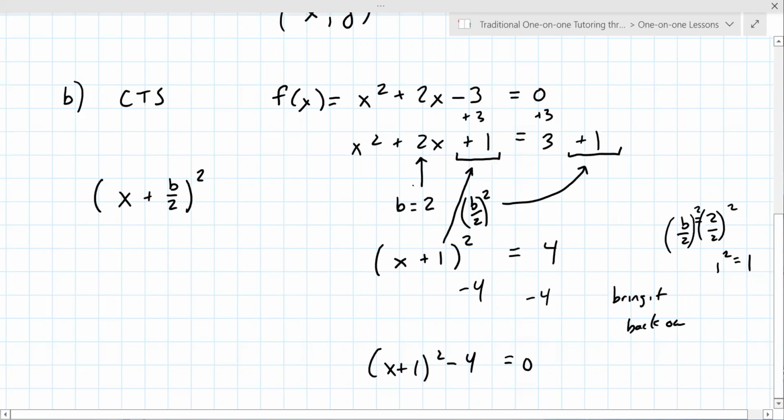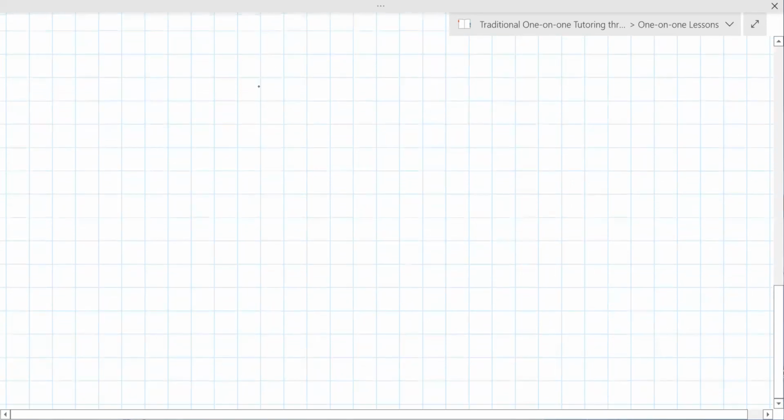So let's do at least one more completing the square so that you can see the process again. Let's say it's x squared minus 6x, sorry, let me do plus 10. The first step here is to set it equal to 0.